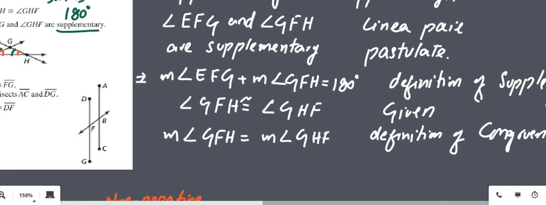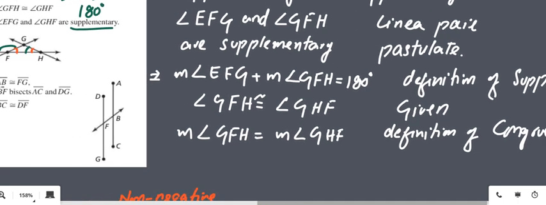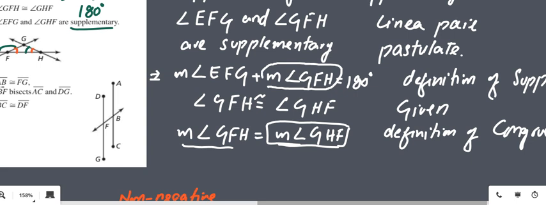Okay. Now look, this is very important and very interesting. Measure angle GFH is equal to the measure angle GHF. So I will substitute this value here. For this one, I will substitute this value.